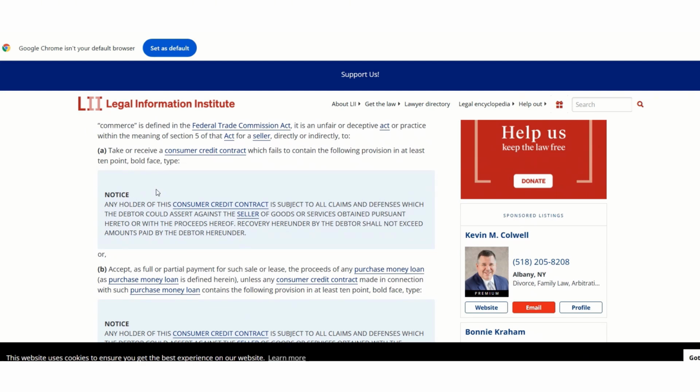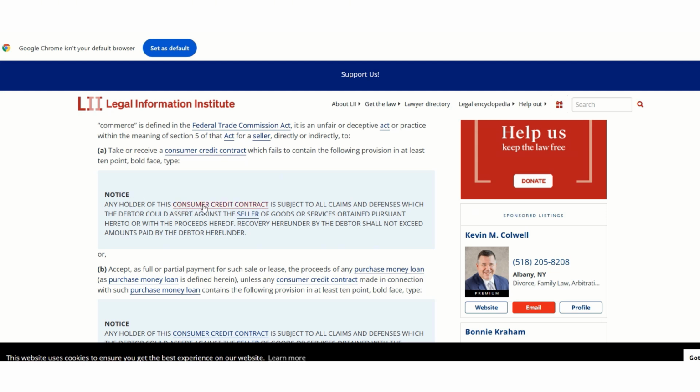Notice: any holder of this consumer credit contract is subject to all claims and defenses which the debtor could assert against the seller of the goods, which the seller would be the dealer, right? Or services obtained pursuant hereto or with the proceeds hereof. Recovery hereunder by the debtor shall not exceed amounts paid by the debtor hereunder. All right. Anyway, so the contract, you can still sue, right? The seller could still be sued. That's why they gotta give this notice, right?